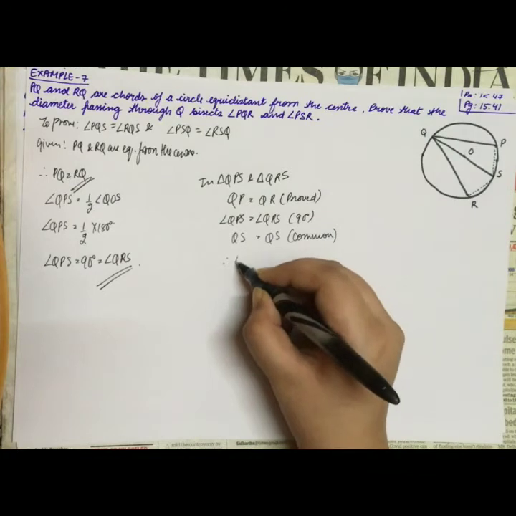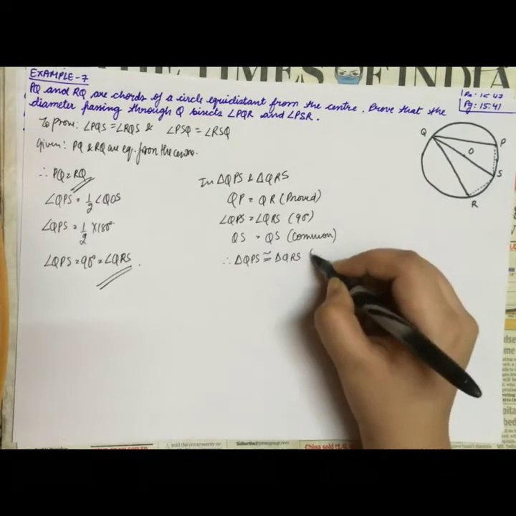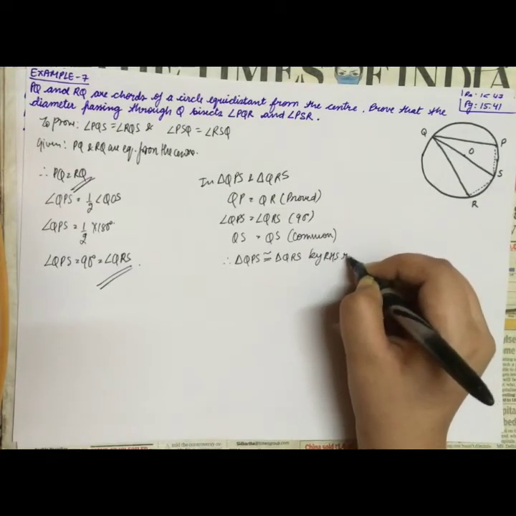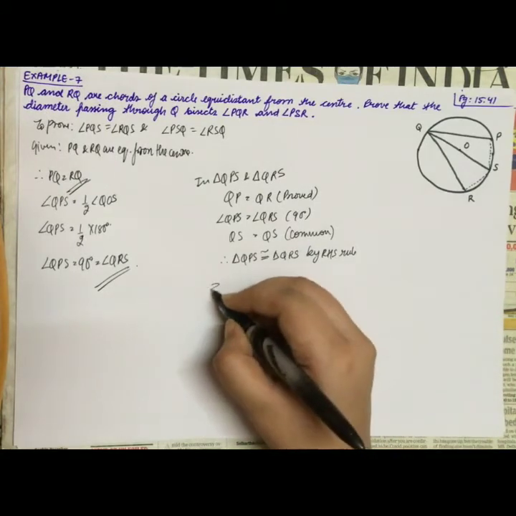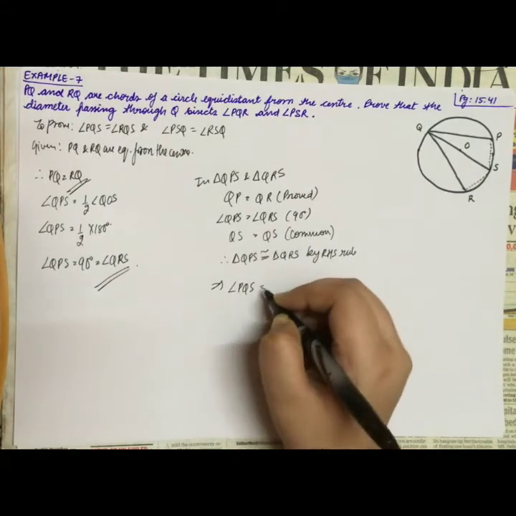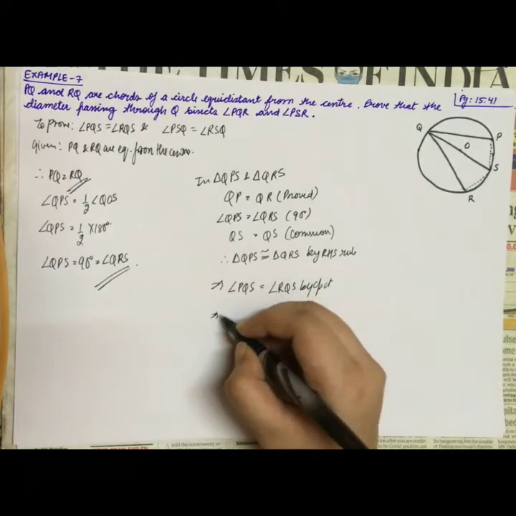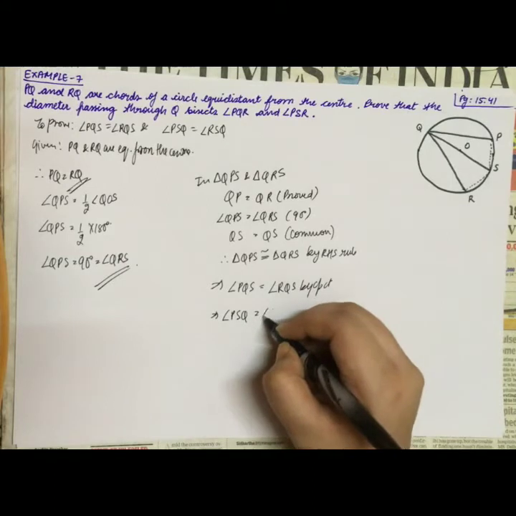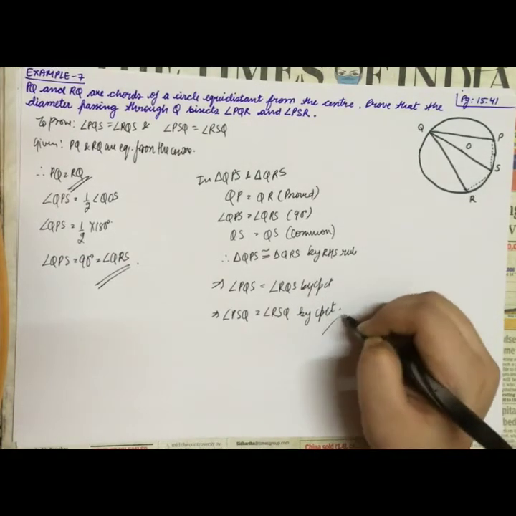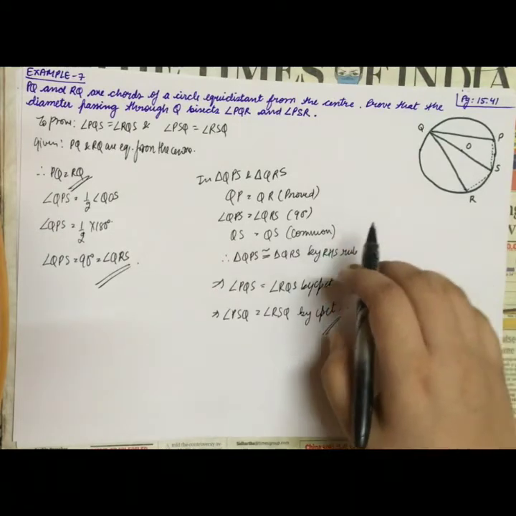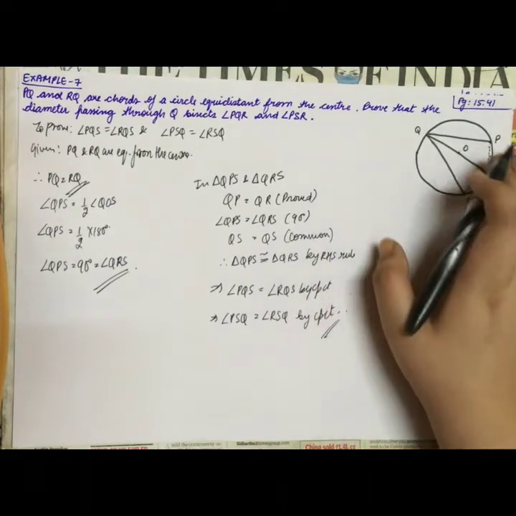So therefore triangle QPS is congruent to triangle QRS by the RHS rule. So now you can say that angle PQS is equal to angle RQS by CPCT. Similarly, angle PSQ is equal to angle RSQ by CPCT. Therefore, the diameter passing through Q bisects angle PQR and angle PSR.